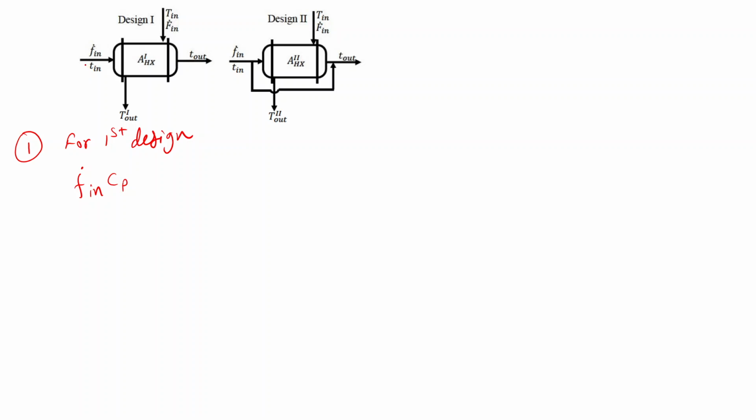Let us consider this as the tube side and this one as the shell side. Corresponding to that, we can write for the tube side fluid Cpt, and the temperature difference is T out minus T in. Similarly, for the shell side fluid, I can write it with T out given as 1.